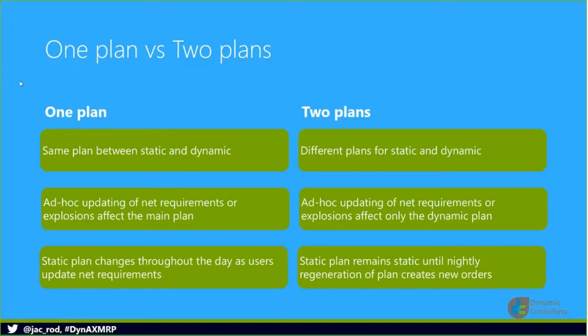So that's the description of having a single static plan and a single dynamic plan. The other thing you can do is you can actually have multiple plans for other purposes too. So in addition to separating out who's working in what and making sure that the purchasing and planning teams aren't being affected by whatever the sales team is doing, you can have multiple plans set up for different circumstances too.